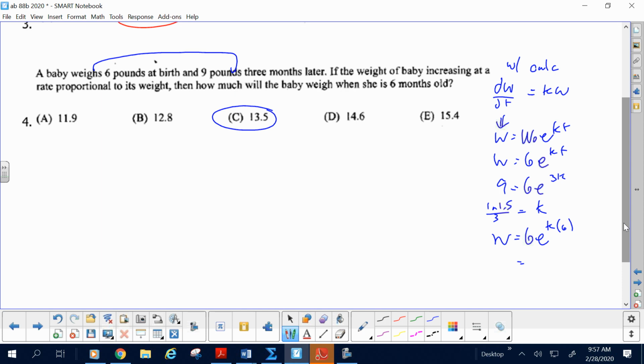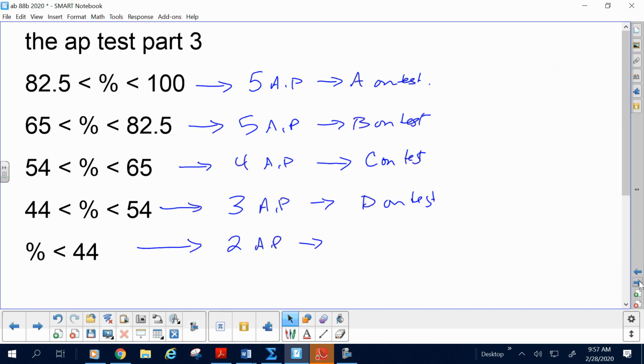Now notice they're asking you about another 3 months. So it'll grow by another factor of 1.5. 9 times 1.5 is 13.5. That said, if you did it exponentially, hopefully it works out something like that. And there you go.